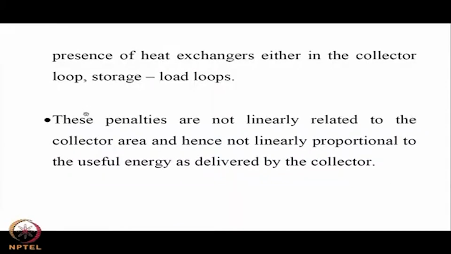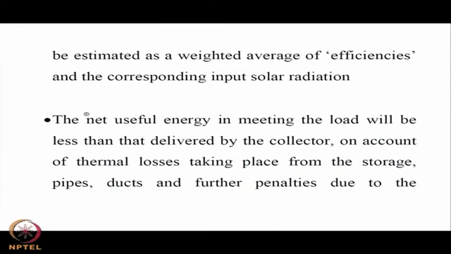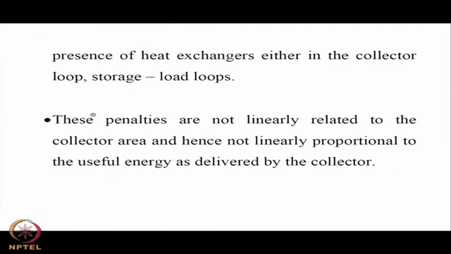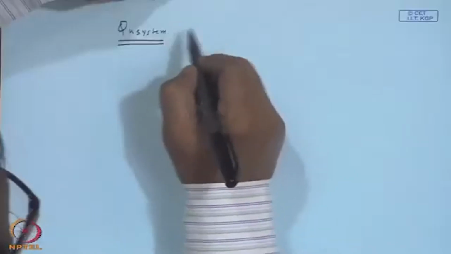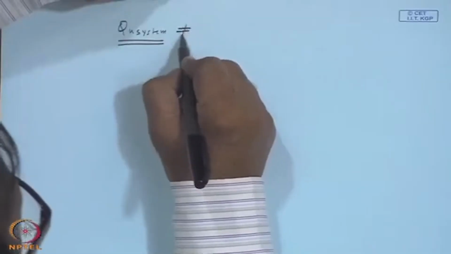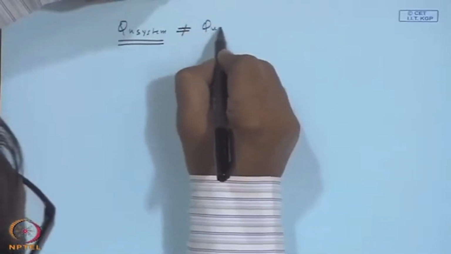So, instead of a commonly thought of efficiency, we will go for something else here. We have already said that excess storage will be dumped, and consequently it cannot be taken into account in your economic calculation or in your so called efficiency calculation. So, this QU system is not necessarily equal to QU collector.